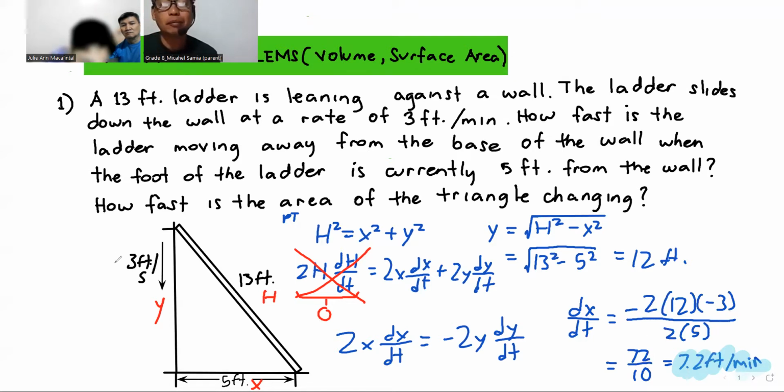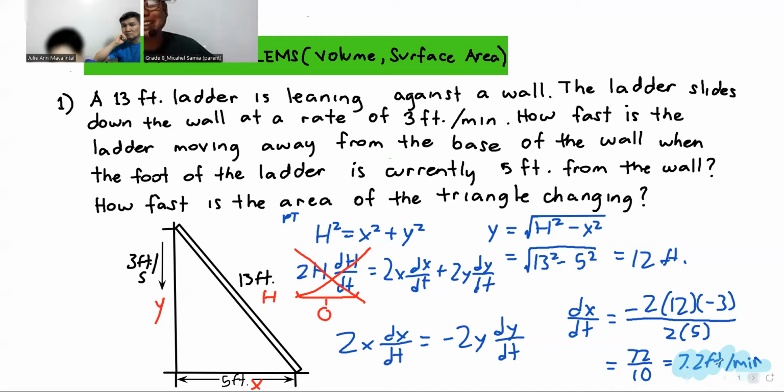That's why our solution is negative 2 multiplied by 12 and multiplied by negative 3. We're converting it to a vector quantity, meaning it's going down the negative y-axis, so it becomes negative. So our answer now is 7.2 feet per minute. So that's the rate of change of the x part of the triangle.